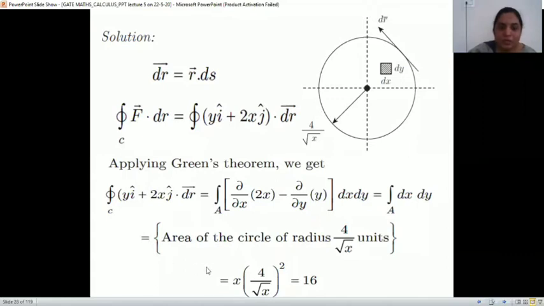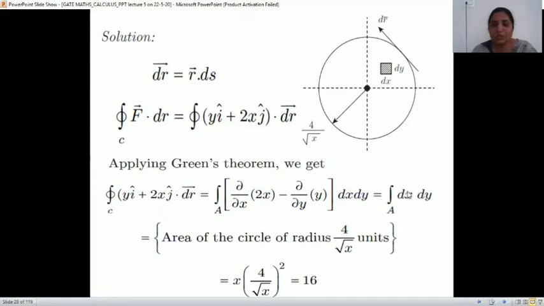After applying Green's theorem, the single integration becomes a double integration. So double integration of M dx plus N dy is ∂N/∂x, where N is 2x, minus ∂M/∂y, into dx dy. This is the Green's theorem formula, and solving this we get 2 minus 1, that is 1.